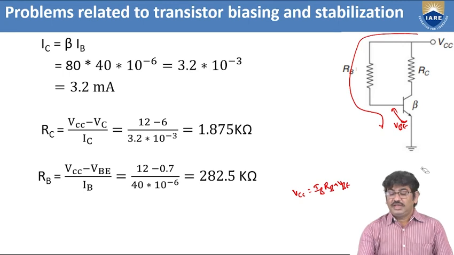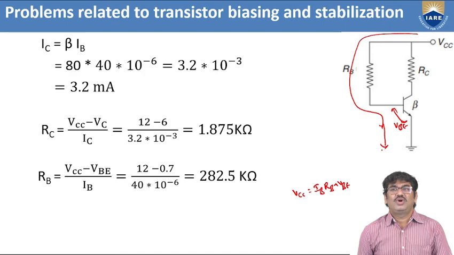By considering this expression, we can find RB as VCC minus VBE divided by IB. Upon substituting the corresponding values, RB is equivalent to 12 minus 0.7 divided by 40 into 10 power minus 6, which gives 282.5 kiloohms.